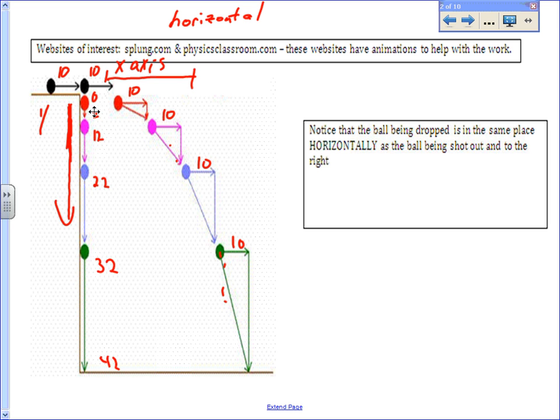If these were all 1-second shots, then every second we'd have an increase of almost 10 meters per second as it fell down. And that same thing would be happening over here. We'd be looking at the same increase going downward. So that's the background, that's the concept that we'll be looking at.